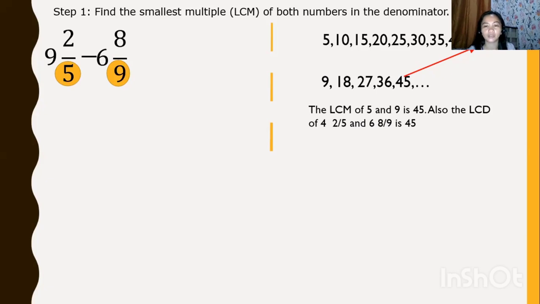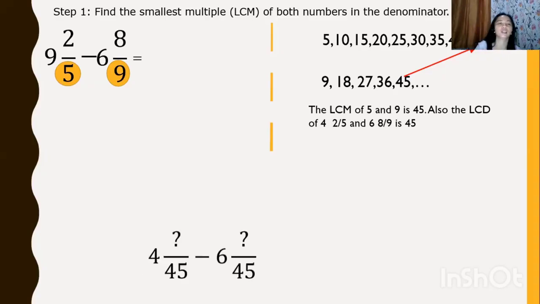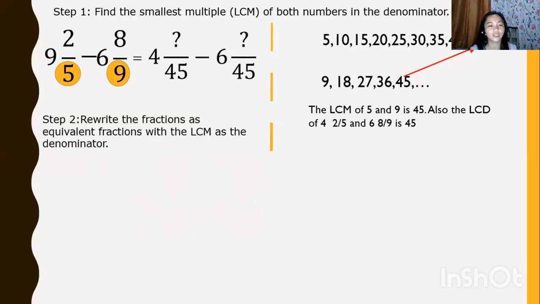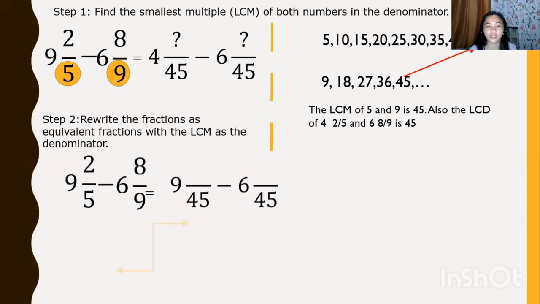Also, the LCD of 9 2/5 and 6 8/9 is 45. Now, we write the fractions as equivalent fractions. Let us find the numerators. 45 divided by 5 is 9, times 2 is 18. We have 45 divided by 9 is 5, times 8 is 40.